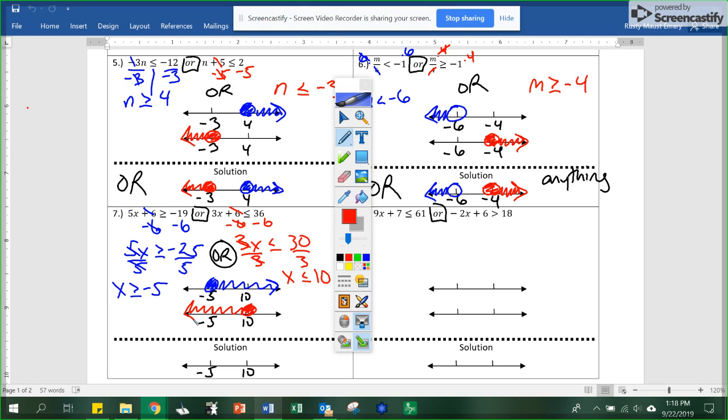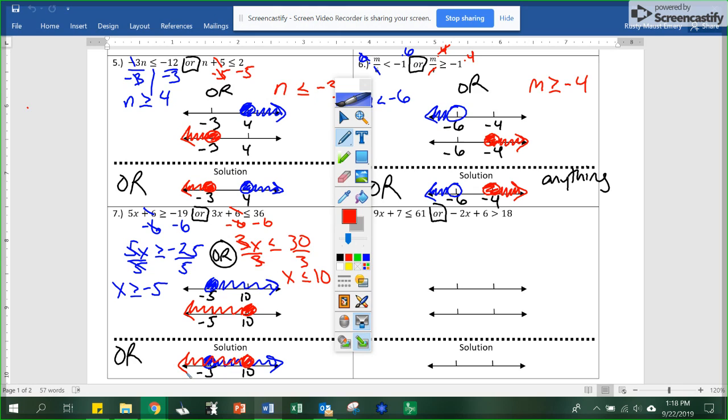You may be asking yourself how I decide which one to graph on which inequality line. It doesn't matter. I could have put the blue one on the second line, the red one on the first line. I would still end up with the same result. And in this case, just remember, our final solution is or, so that means anything I've shaded on either of the previous two needs to be included. So I'm just going to transfer both of these down here. And notice what happens on this one.